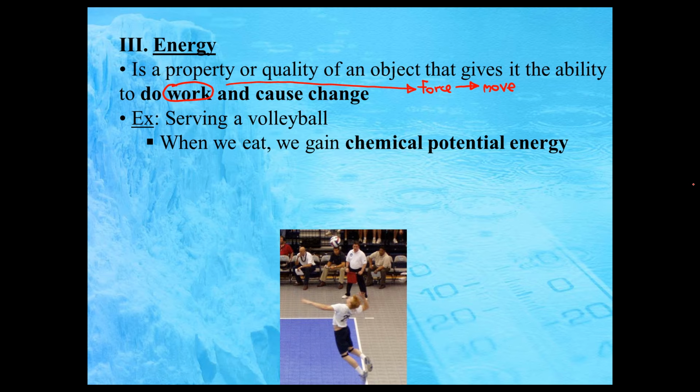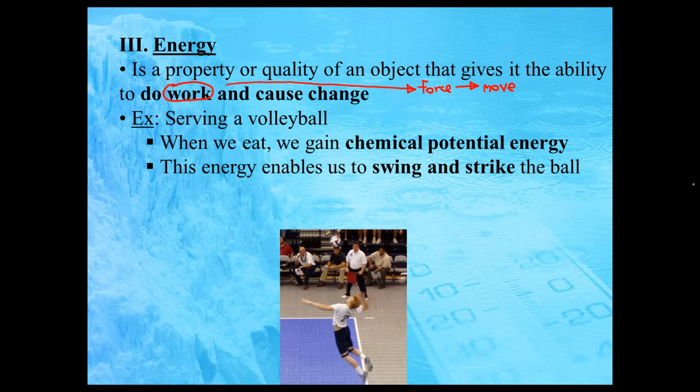Because we have this energy in us, this gives us the ability to do work. So what would this do? If I can do work, I can then apply force to the volleyball and it can cause change in it. I can get it to move from one spot to another. So that'd be an example of how stored energy can be utilized to do work and cause change.